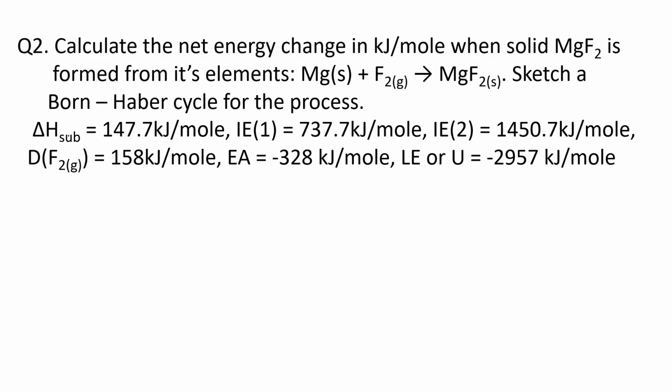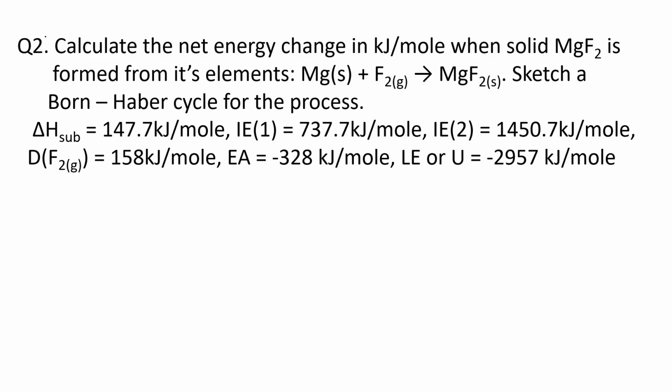The given values are delta H sublimation, ionization energy 1 and 2 because magnesium plus 2, so plus 1 and then plus 2. Both the ionization values are given, the dissociation of fluorine is given, electron affinity value is given, and the lattice energy value is given.